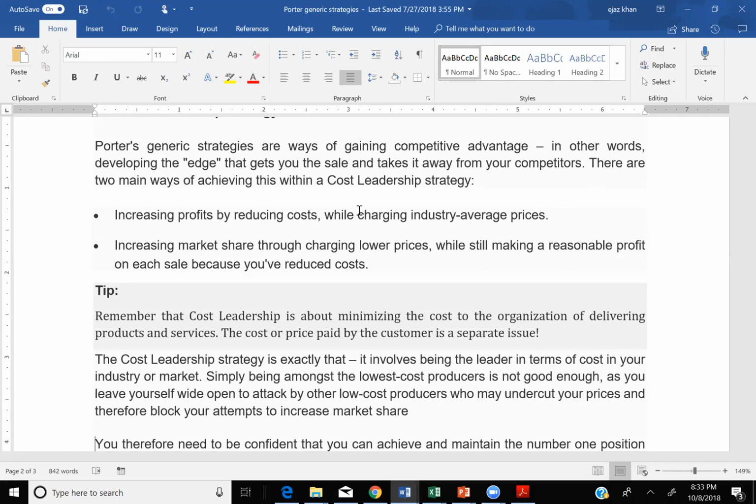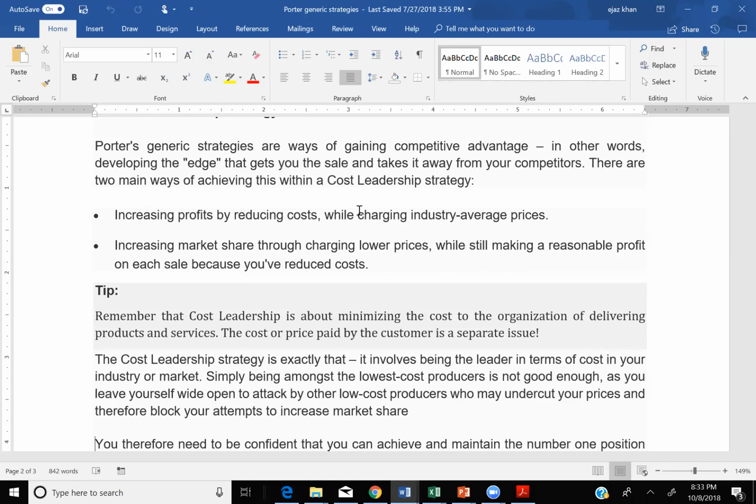In order to have both of these strategies successful, the approach should be applied across the organization. You cannot have your operations following the cost leadership strategy, whereas your marketing channels follow the differentiation strategy.